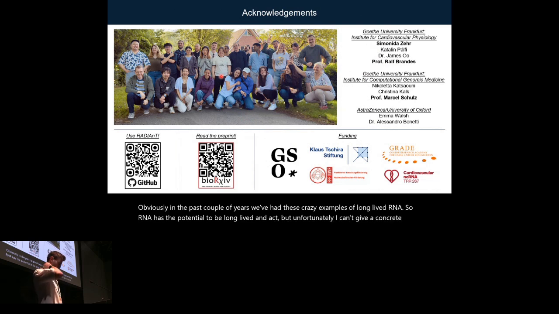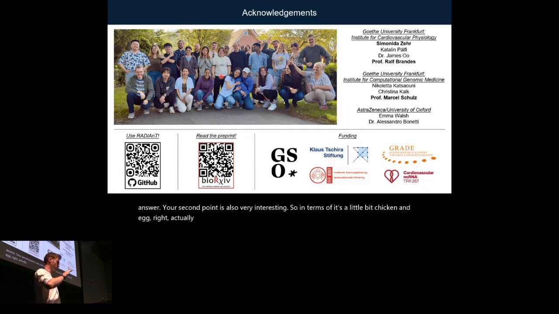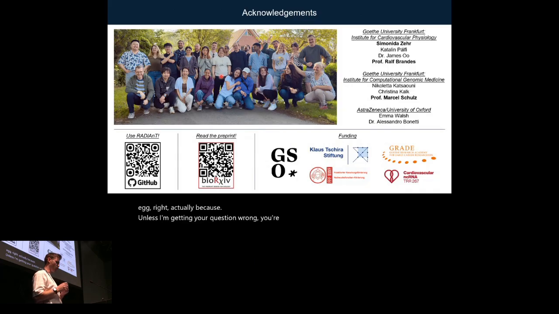Your second point is also very interesting. It's a little bit chicken and egg, right? Unless I'm getting your question wrong, you're saying, what if these interactions are essentially consequences of the genome conformation coming together? Or did I misinterpret that?